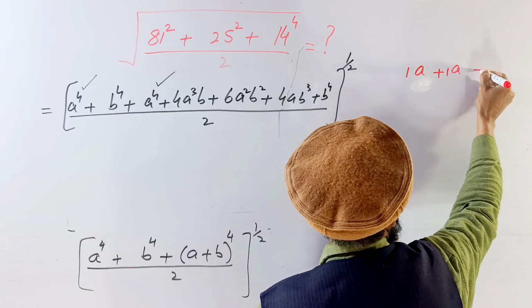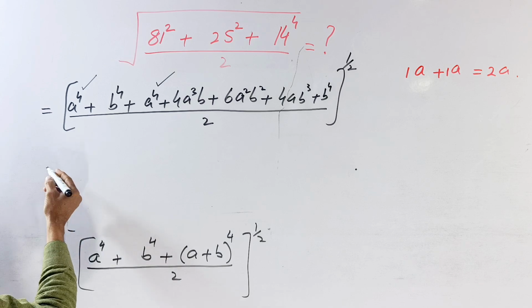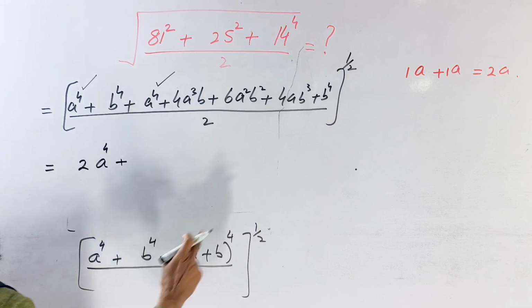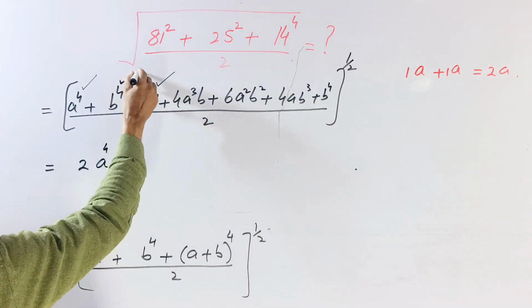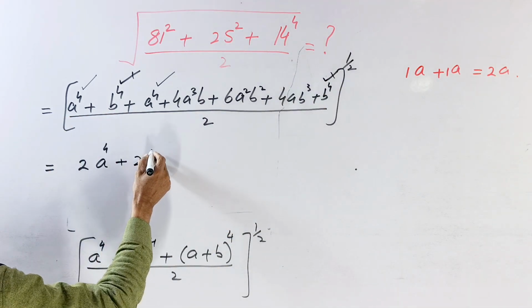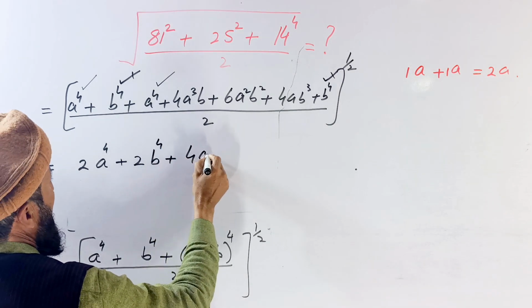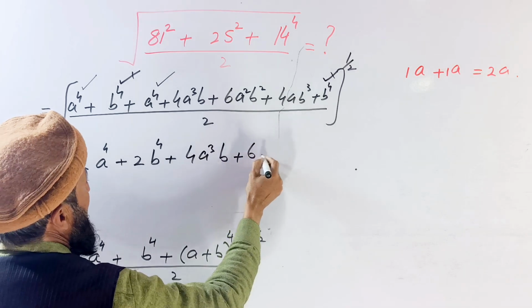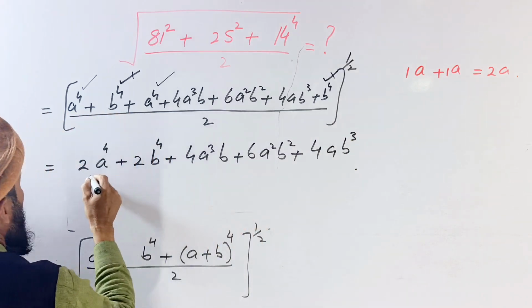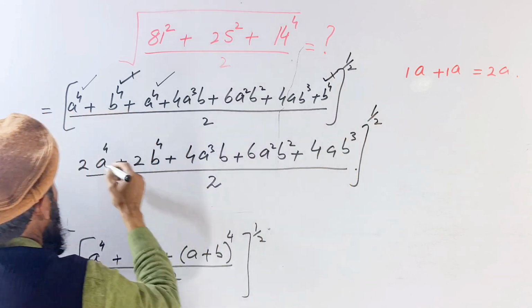We add their coefficients: 2a^4 plus b^4 and b^4, also adding according to this rule, 2b^4 plus (4a^3 b + 6a^2 b^2 + 4ab^3) divided by 2, whole exponent 1 by 2.